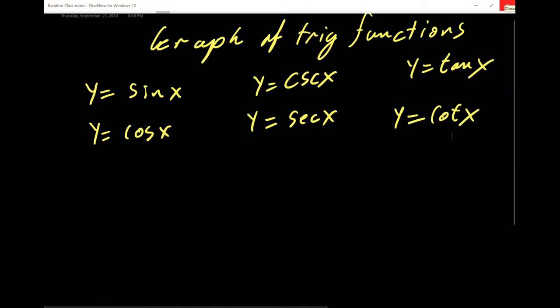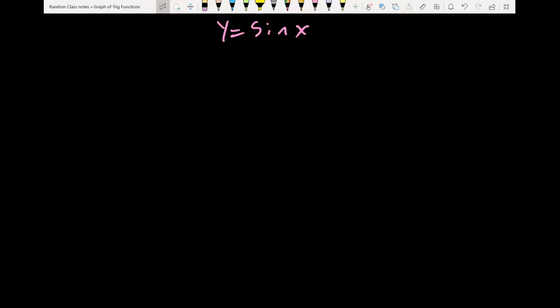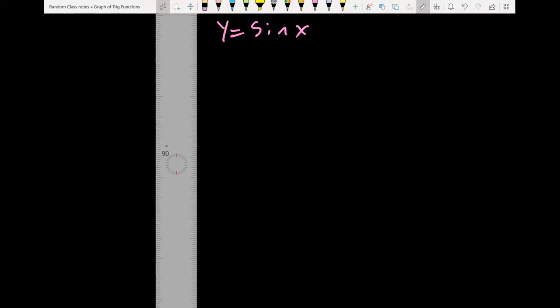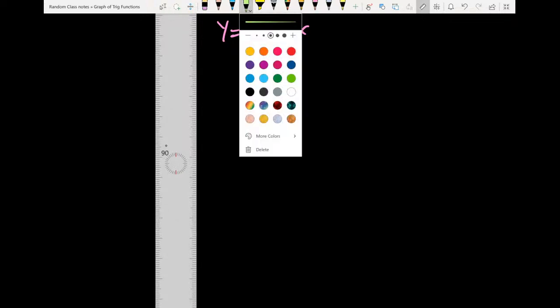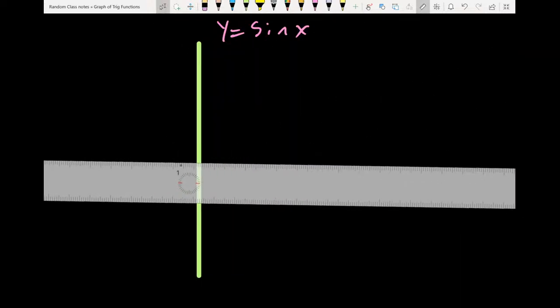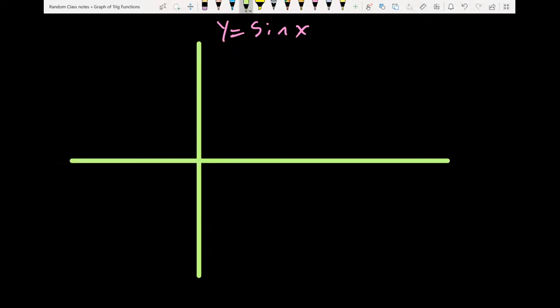Okay? Let's look at y equals sine of x. All right? Let's try to understand how sine works. So for that, all right, now for that, we need to find 5 key points.